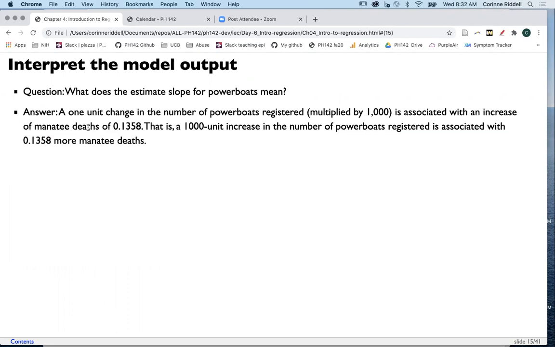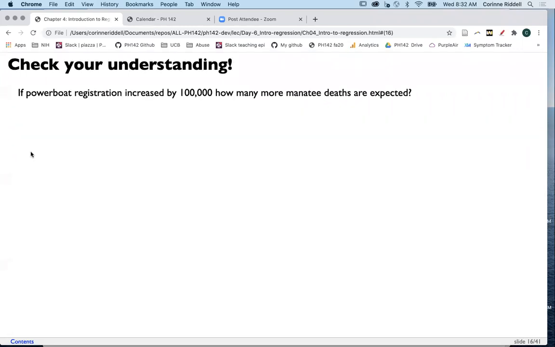You can say that in a different way: a 1,000 unit increase, and that's because of this multiplied by 1,000 thing, in the number of powerboats registered is associated with 0.1358 more manatee deaths. So what does that mean if powerboat registration increased not by 1,000, but by 100,000? In that case, how many more manatee deaths are expected?